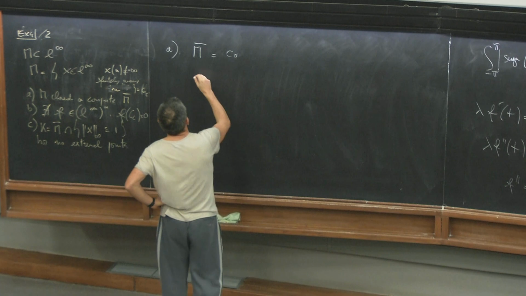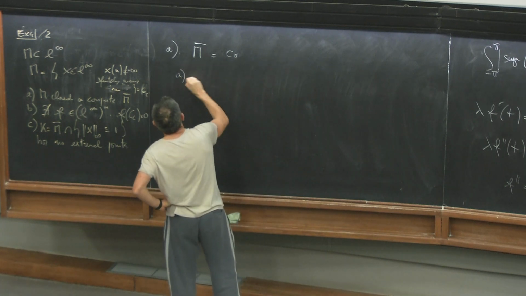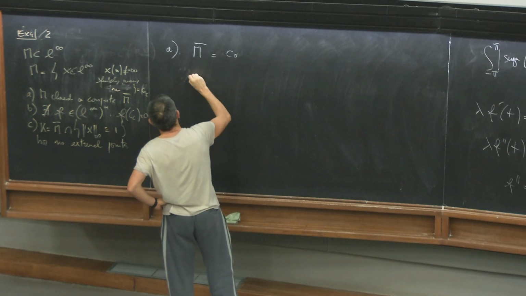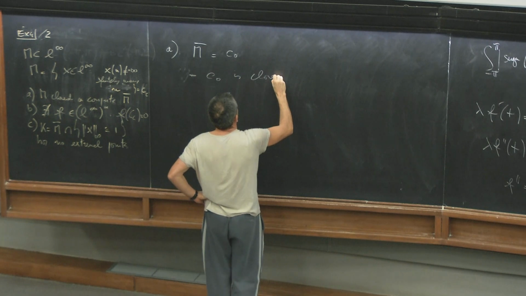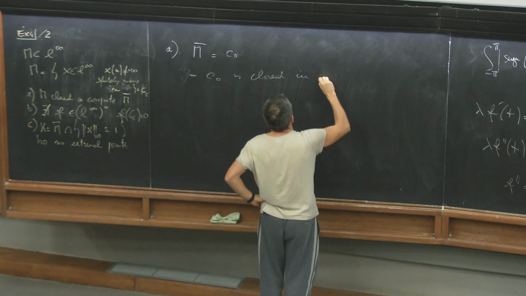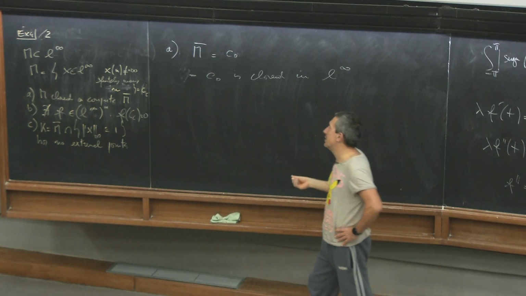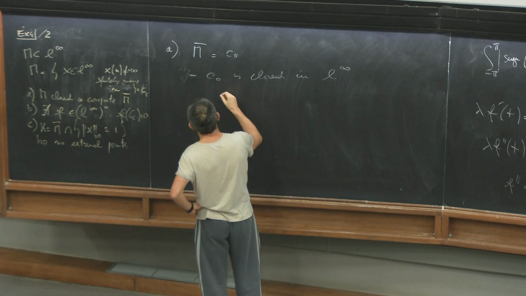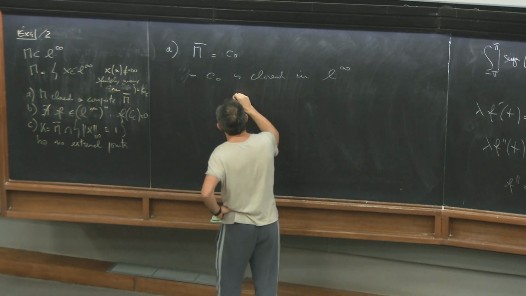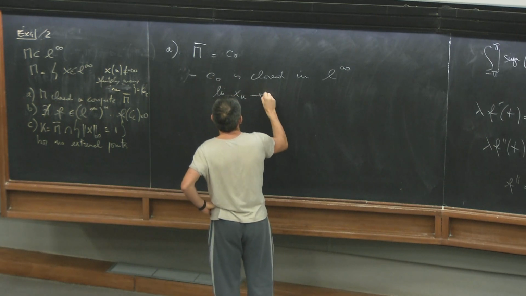So first of all, M. You have to prove two things. First, C0 is closed in L infinity. This is a classical thing. C0 is the set of sequences xn such that the limit tends to 0.